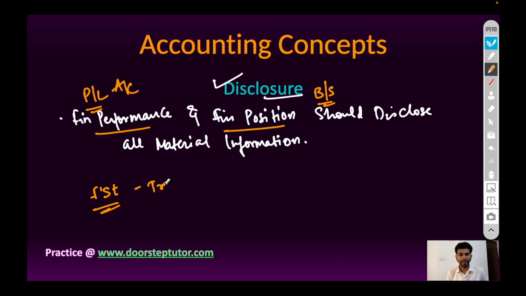It means trading, profit and loss, balance sheet, and cash flow statement. So, the disclosure principle states that the accountant must disclose all the material facts which are relevant for decision making, which can influence decision making of any person.